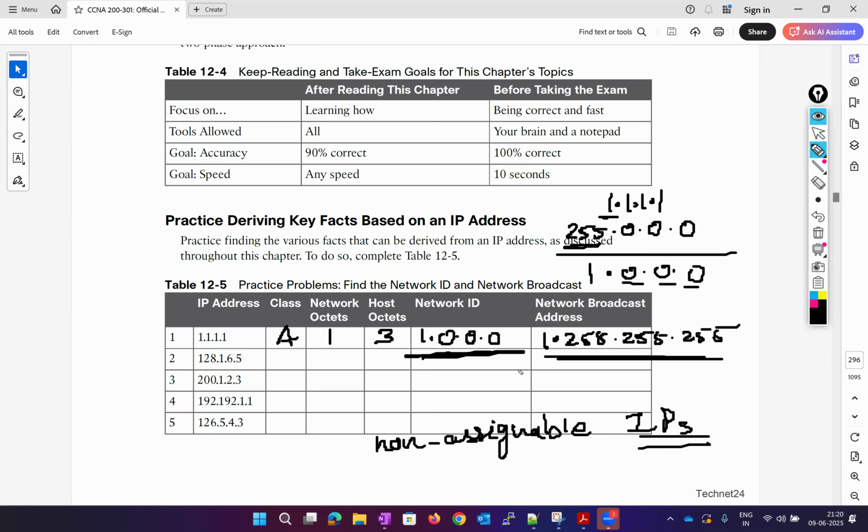You can assign any IP address that is in between these two, like this one, 1.1.1.1, to any user in the network, but the network ID and the broadcast ID you cannot assign to anyone. That is why, if you remember in the last session, I showed you the host number was always -2. Why was it -2? Because we are not using the network ID and we are not using the broadcast ID, and hence it was -2 of the total number. Right? Any question with this first one?